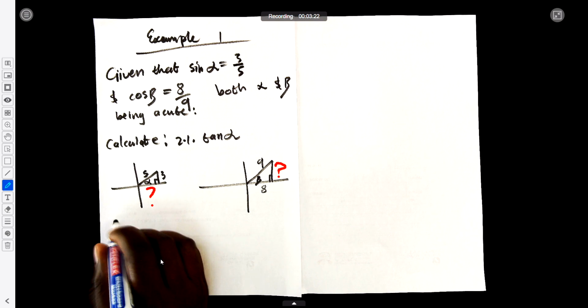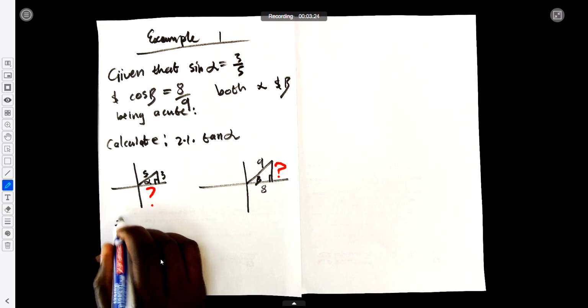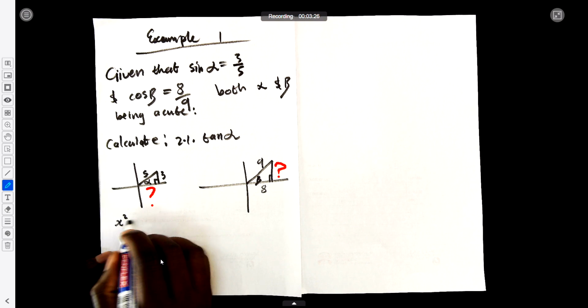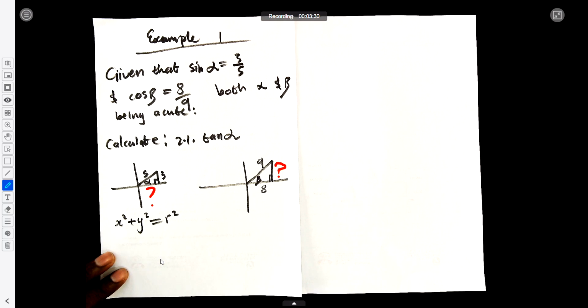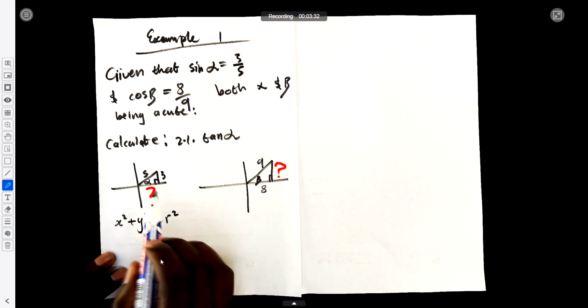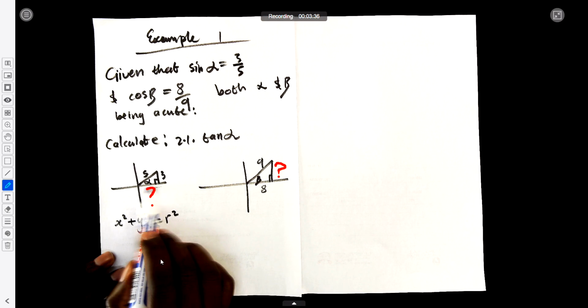I hope you see, from the theorem of Pythagoras, when we started introducing trigonometry, we did this: y squared equals r squared minus x squared. For the first one, we need to find the x side, the horizontal side.